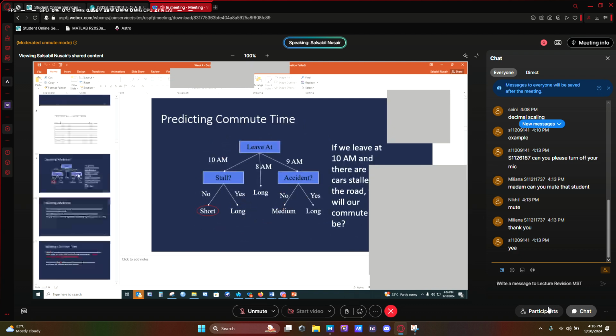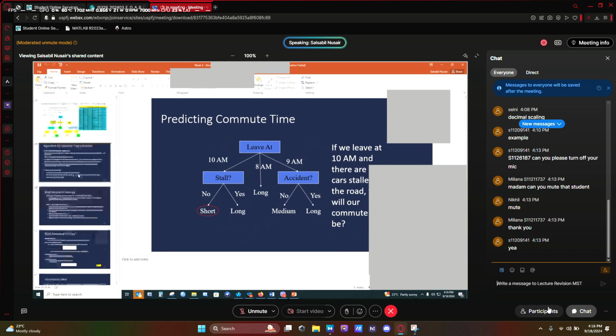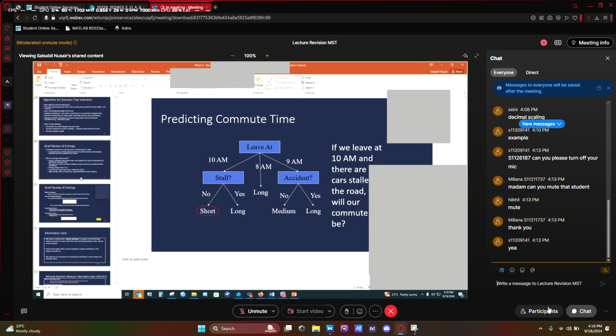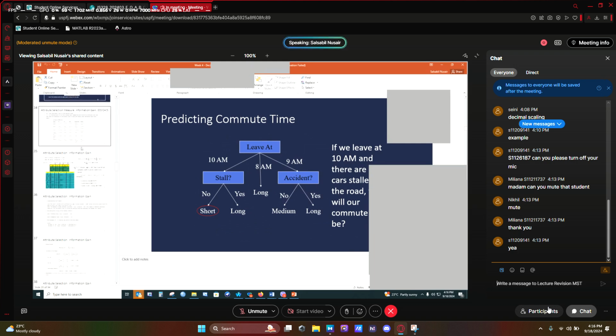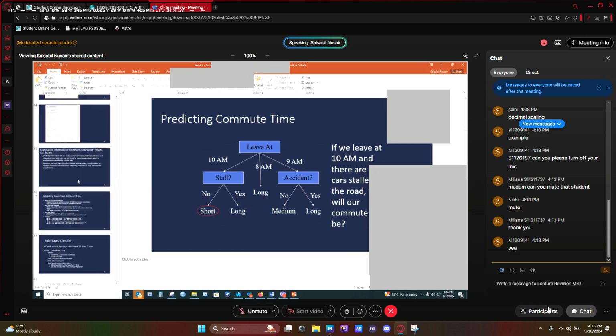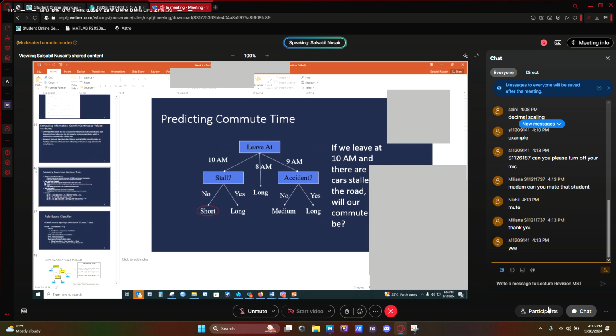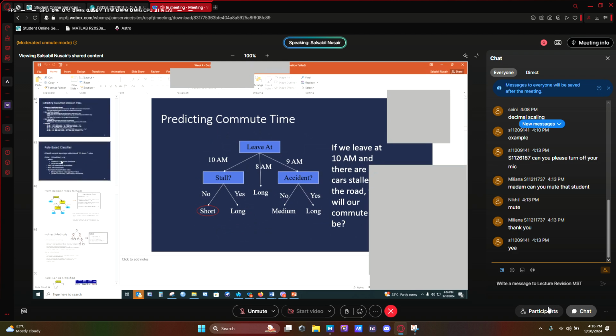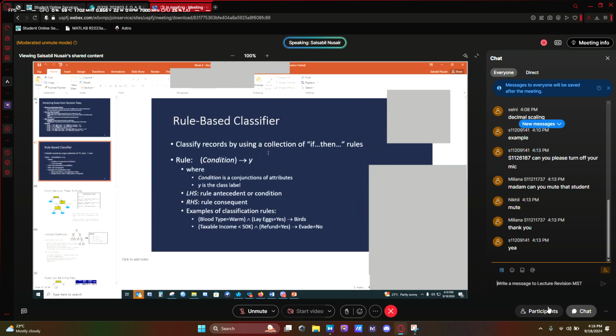But then we looked at, of course, you'll be tested on entropy since that has popped up. But I'll come back to that. We are looking at extracting rules from decision trees. We are looking at rule-based classification. So you're looking at rule-based classifiers.